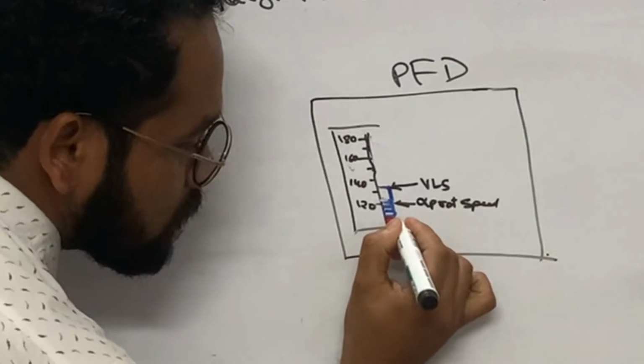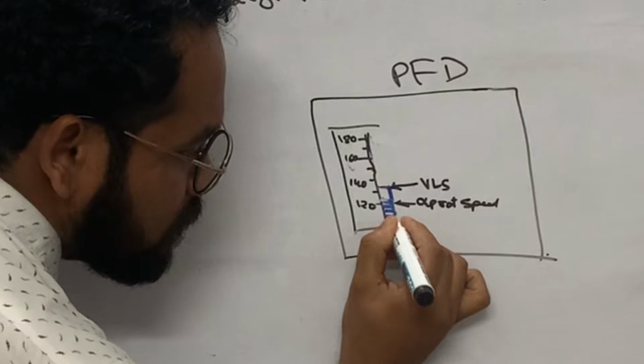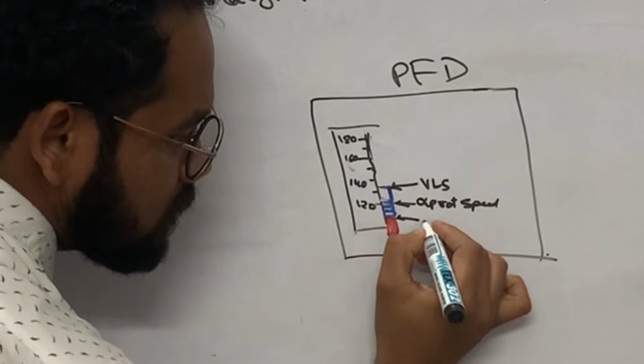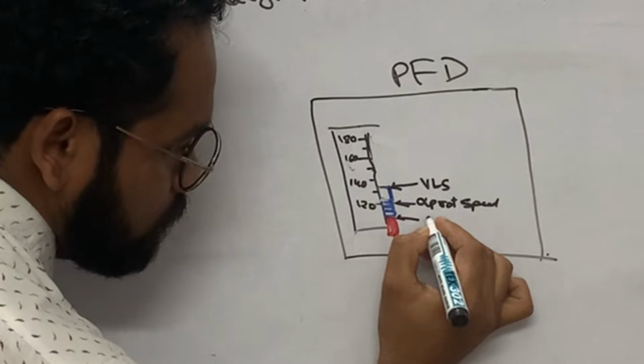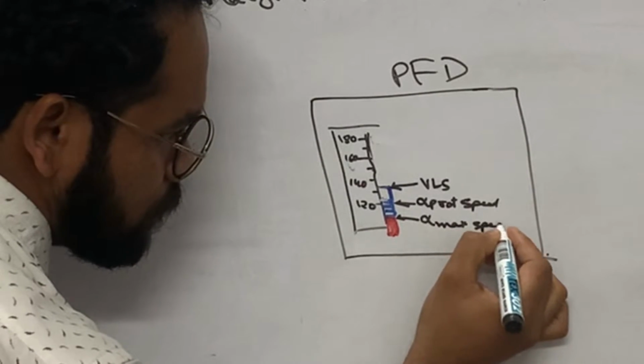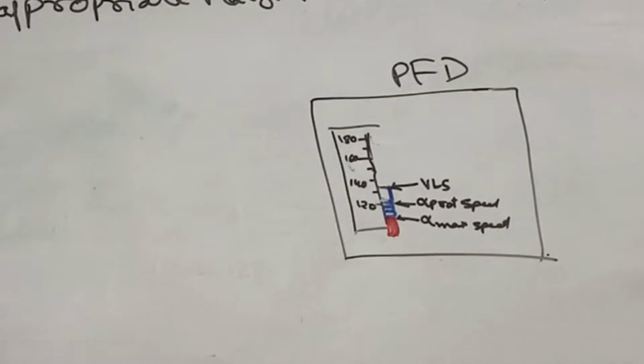Next, the top part of this red color strip is your alpha max speed.